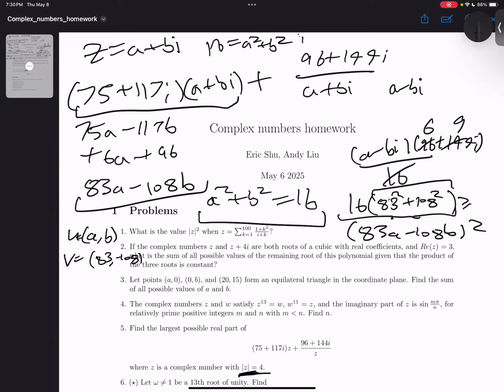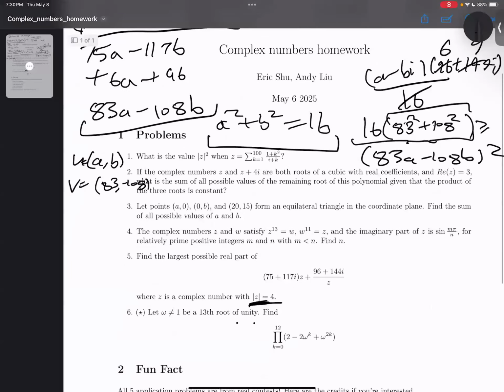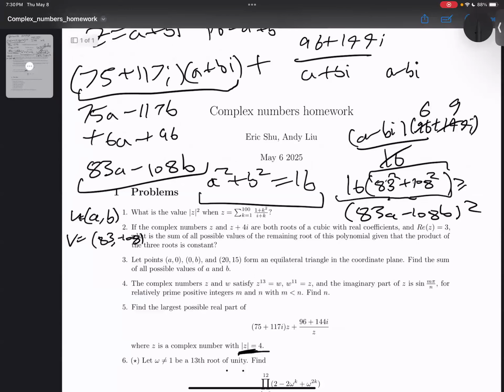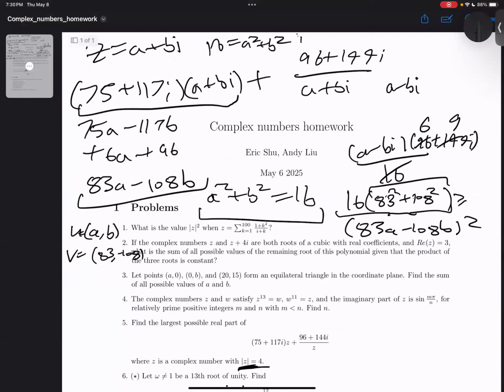Oh wait, I think I said the wrong thing. Wrong picture. Andy, what do you mean you're supposed to a plus bi it? Just plug in z equals a plus bi. Is there anything else? Yeah, that's what I did. Where did I mess up?